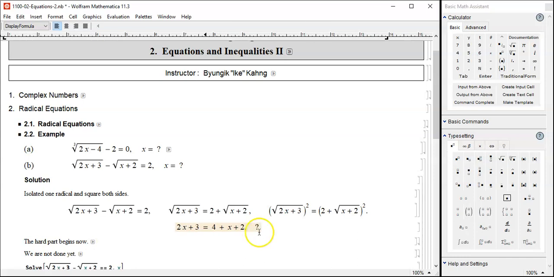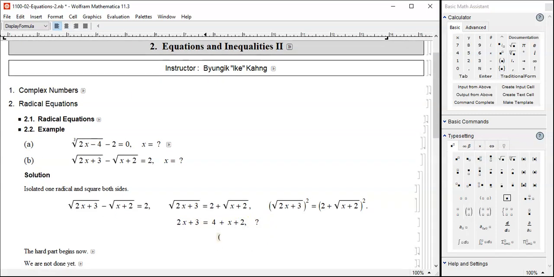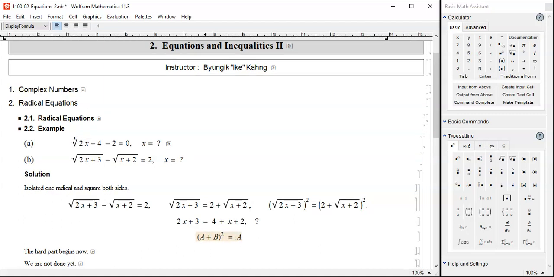No. What you just did was this. A plus b squared is a squared, which you did here, plus b squared, which you did over here. But is this correct? This is not correct. We need this. That's a complete square formula.